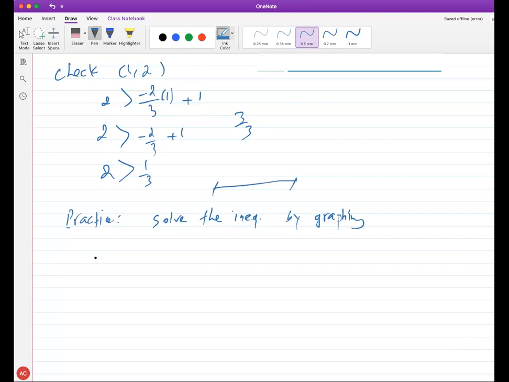Let's say 2x plus 4y less than negative 8, and another inequality.